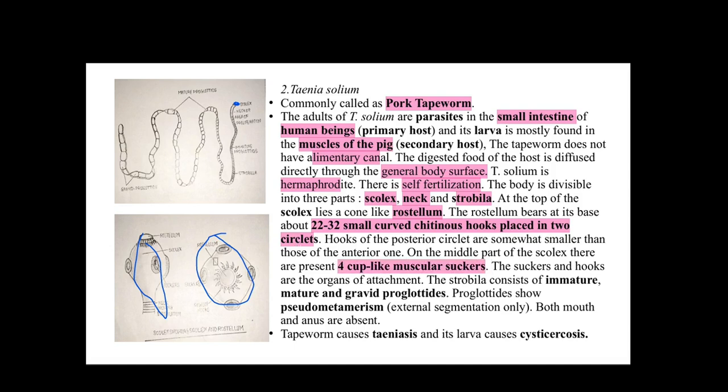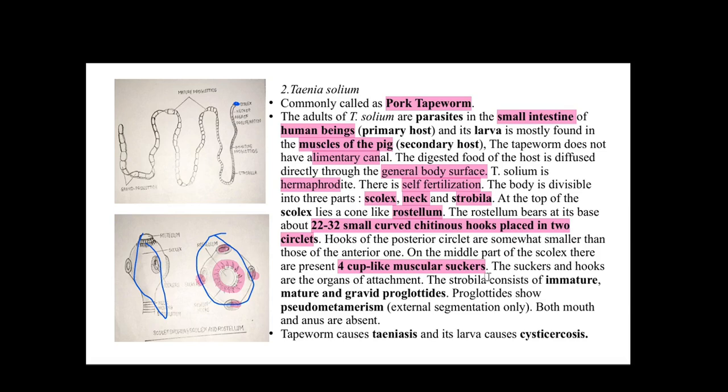In this diagram, there are four cup-like structures which are suckers, and if you can see these circlets of chitinous hooks, the suckers and hooks of the organ are responsible for the attachment.